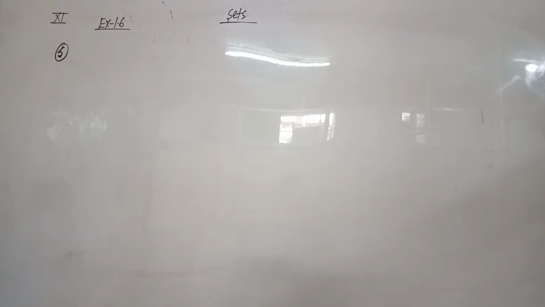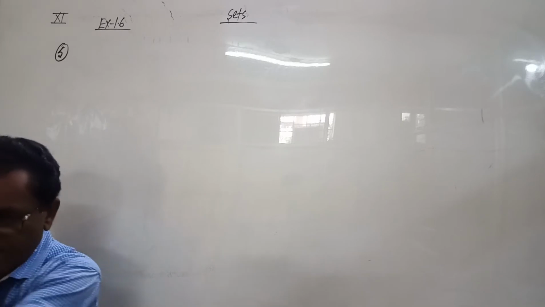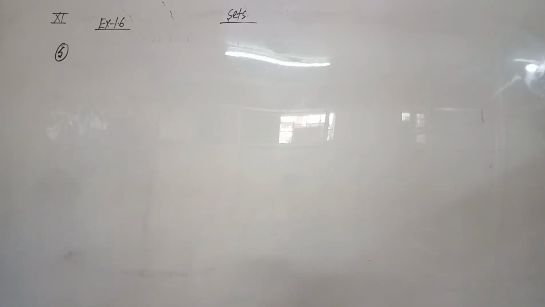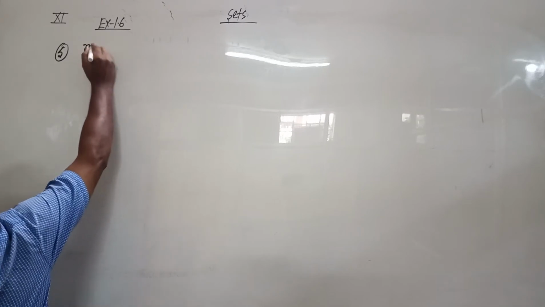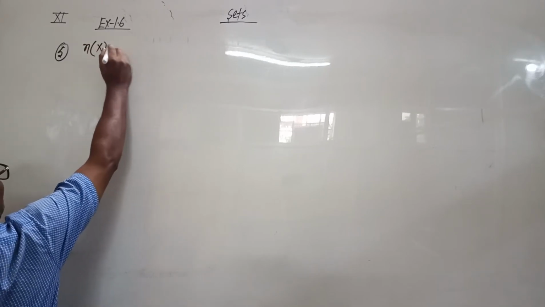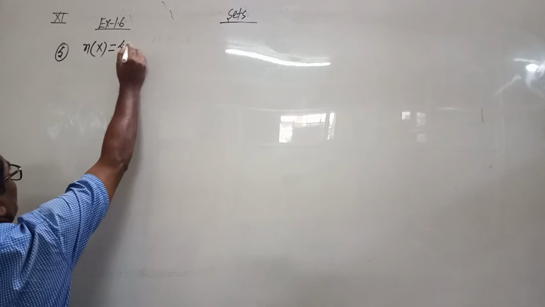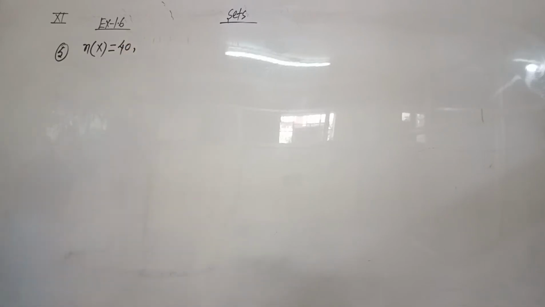If x and y are two sets such that x has 40 elements, so n of x is 40.